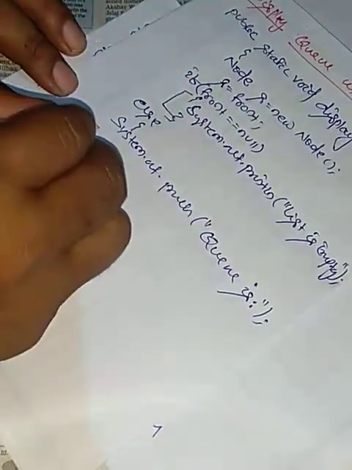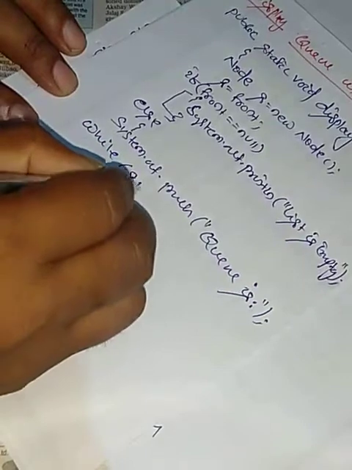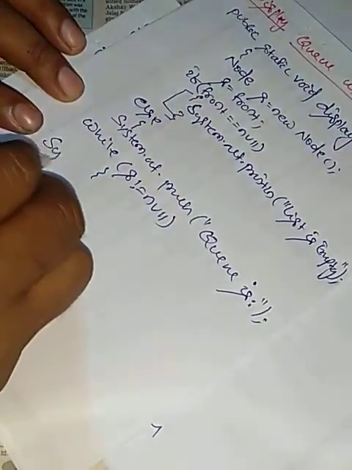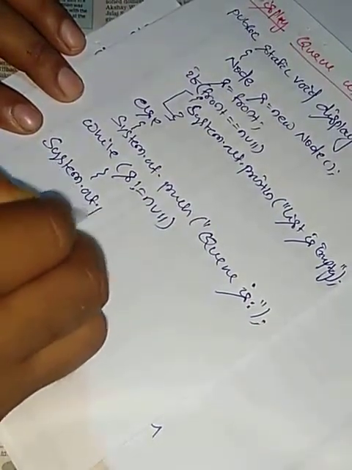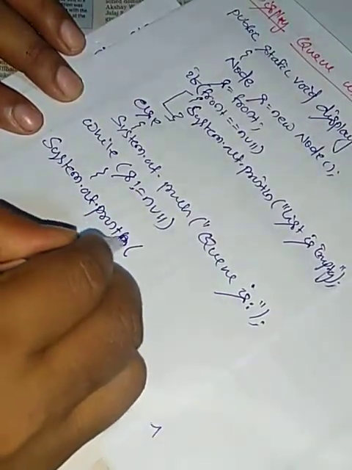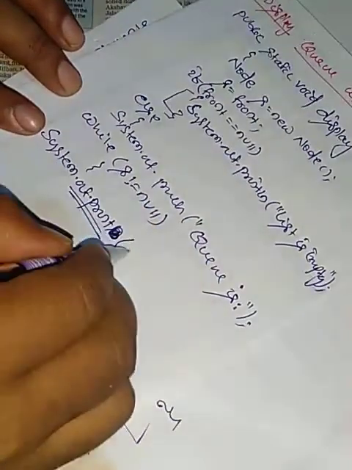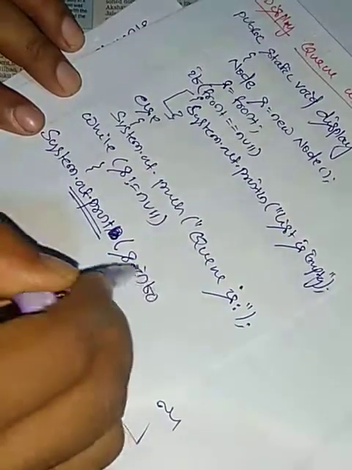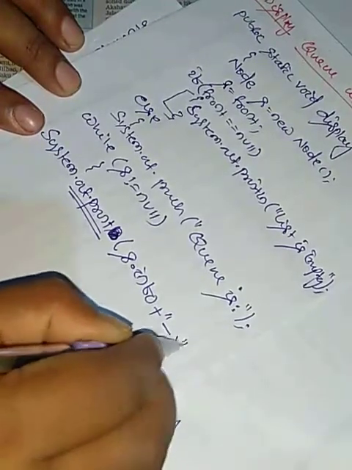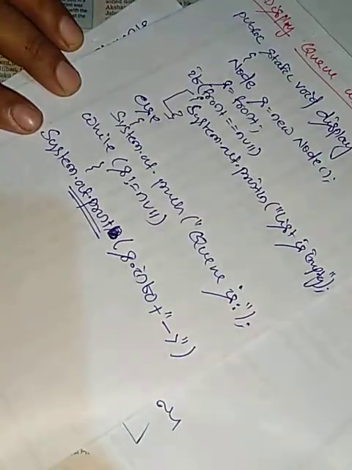Okay, so while s not equal to null, that means not the last node, what will we do? We'll simply display the info part of s. Let's say we'll print only a single line, so System.out.print(s.info). Let's add this arrow symbol so that we can exhibit the link.